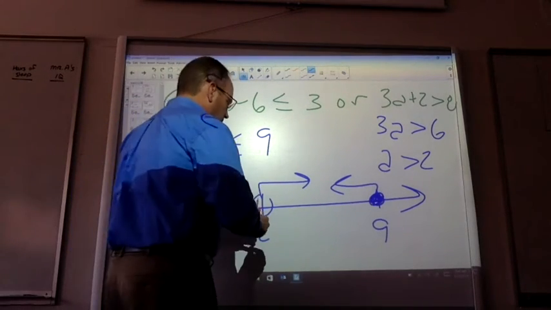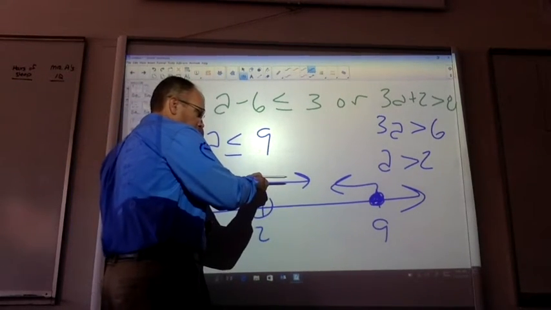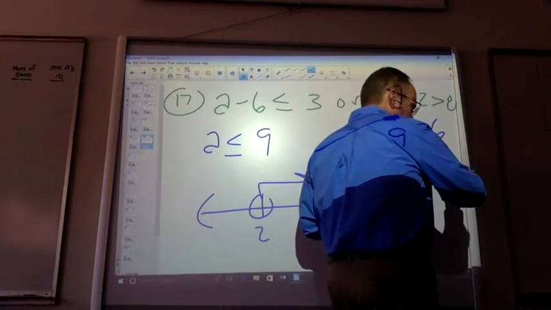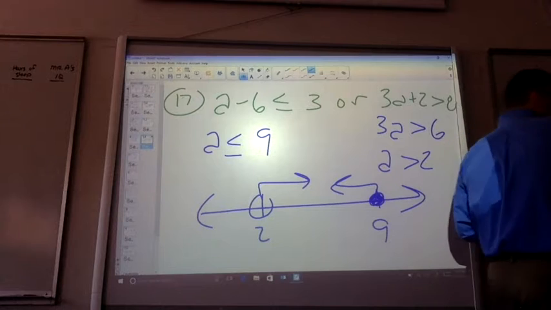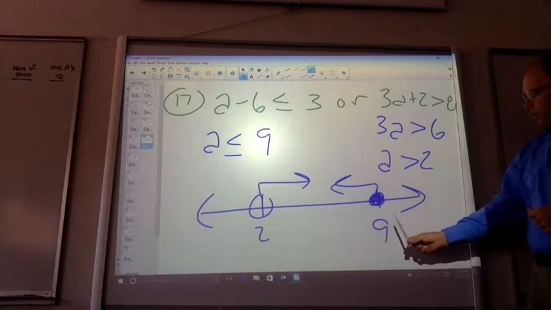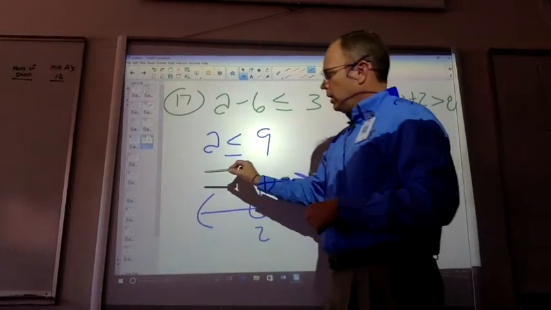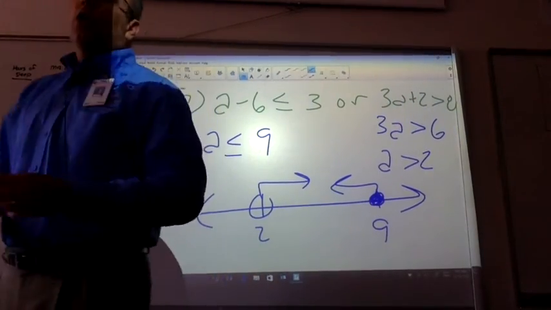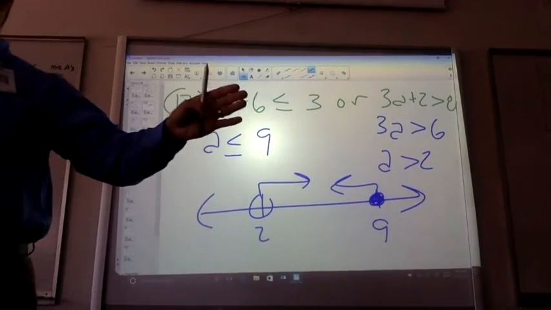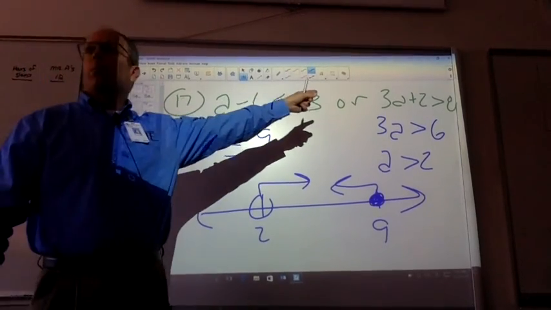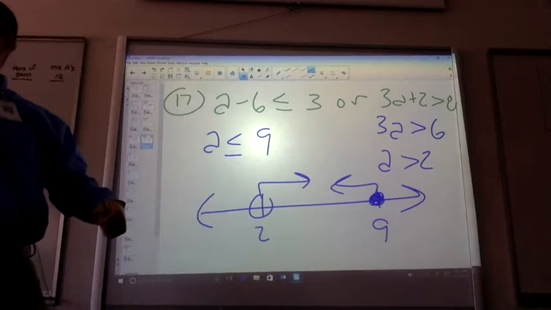So if this one is starting from here and it's going to go forever this way, where is this one going to? Infinity. If this one is starting at 9 and I'm going this way, where am I going? Negative infinity. No matter where I pick on this line right now, this appears that it's an and situation, but it's an or problem. So only one part has to be true.